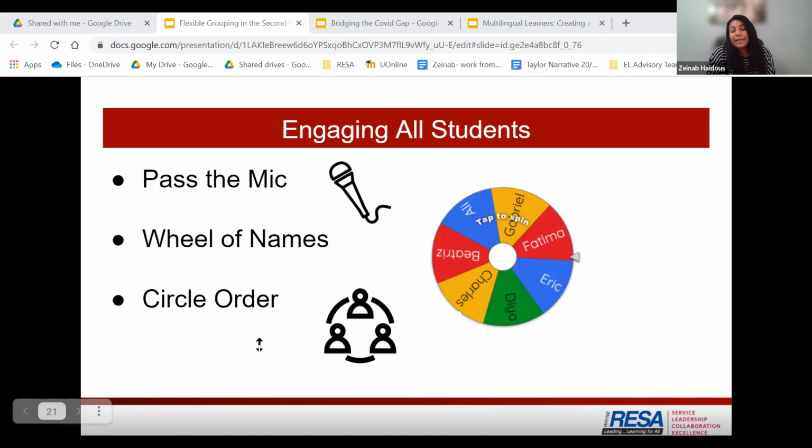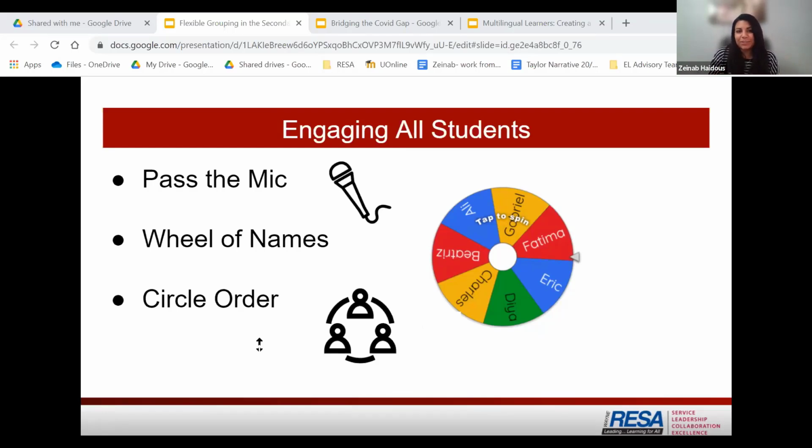So there are many different, creative ways to ensure that all voices are raised in small group work within whatever space that we are in. And as you know, with so much uncertainty, things may change in a blink of an eye.